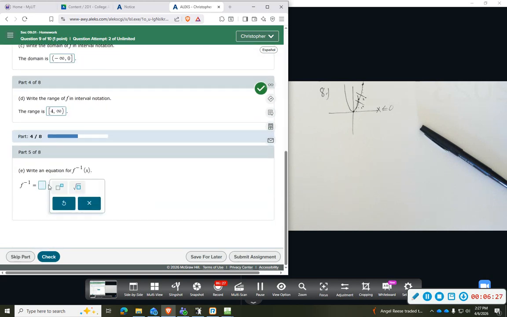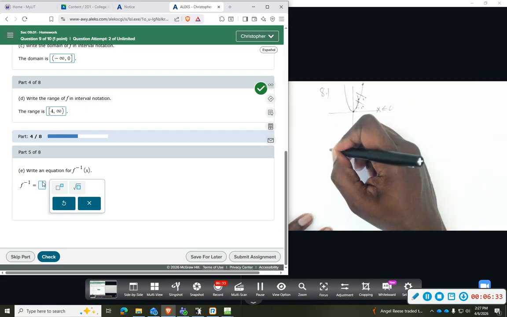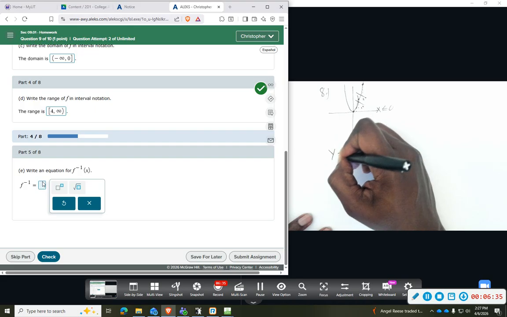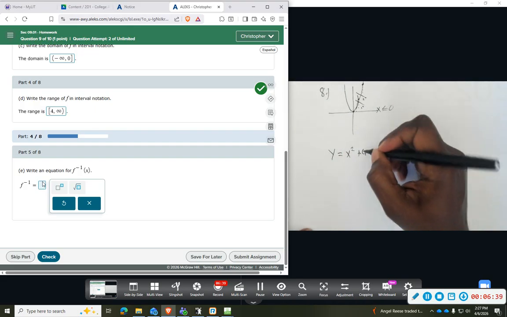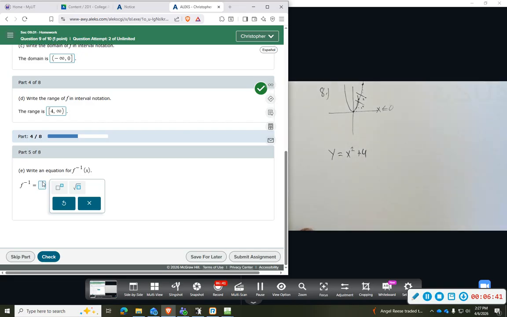All right. And now we're going to find the inverse. So working the inverse, okay, so here's our function. We're going to switch places with x and y.